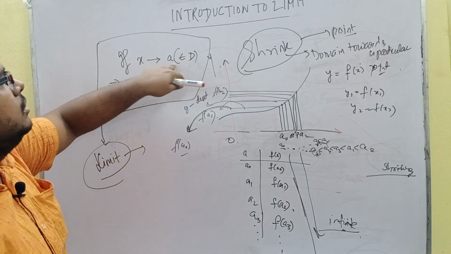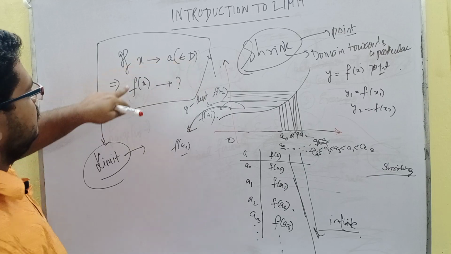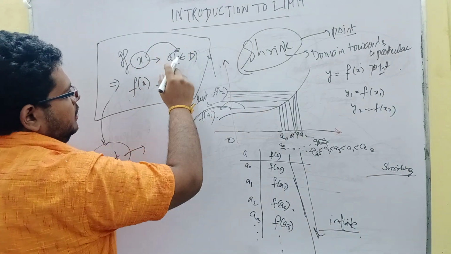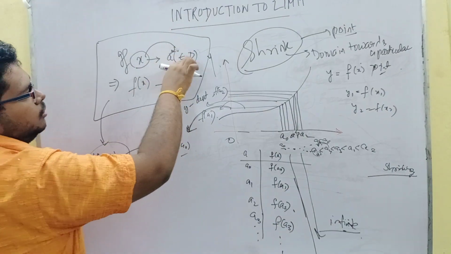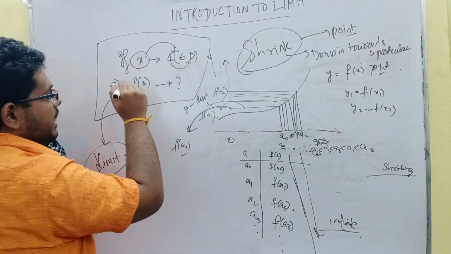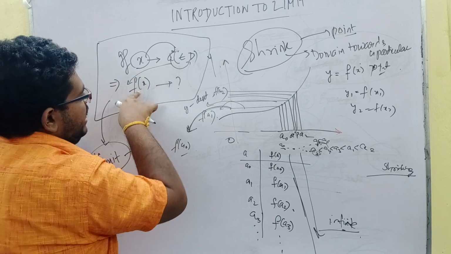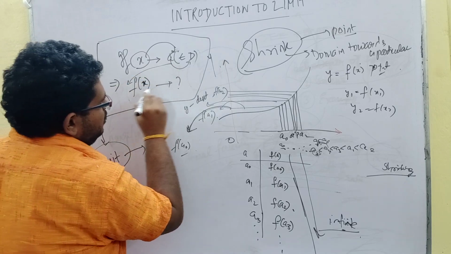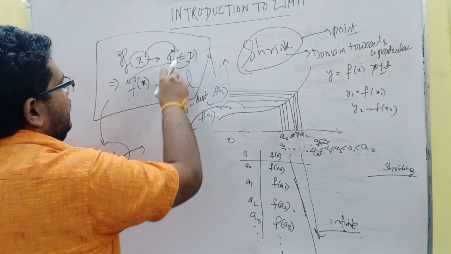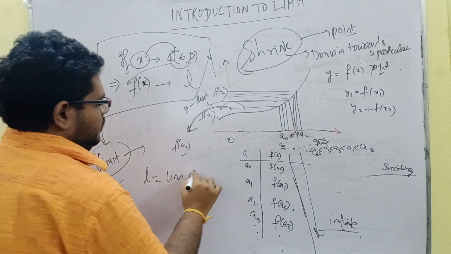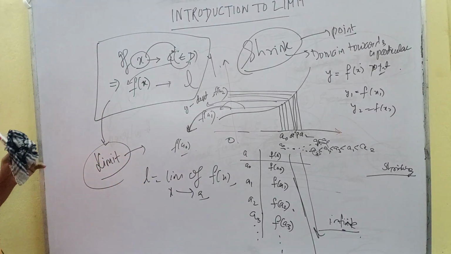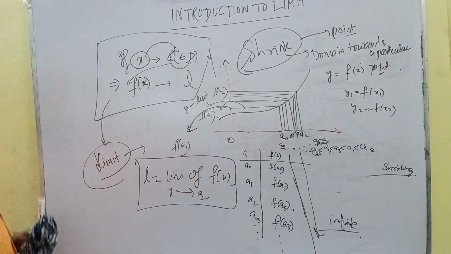If x goes to some a which belongs to the domain of this function f, then where does f of x tend to? If it tends to some L, then we will tell that L is the limit of f of x when x goes to a. So this is the normal way of analyzing what a limit is.